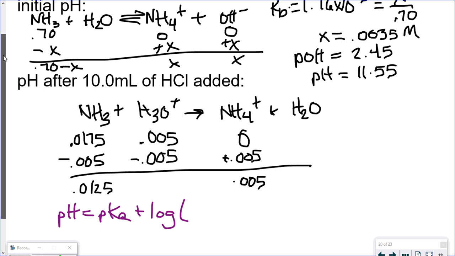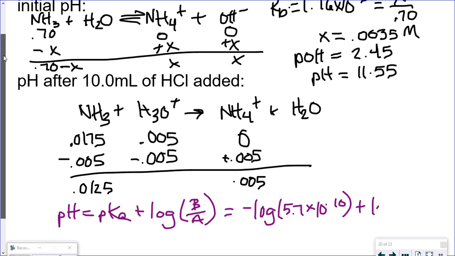So we do need to change our Kb value into a Ka value. So do the 1.0 times 10 to the negative 14th divided by that 1.76 times 10 to the negative 5th. And we get that our Ka value is 5.7 times 10 to the negative 10th, plus the log of base over acid.